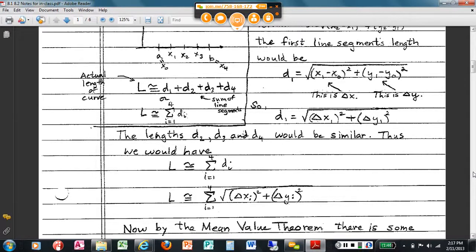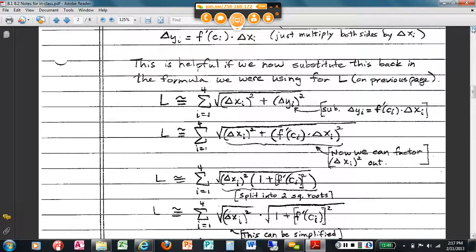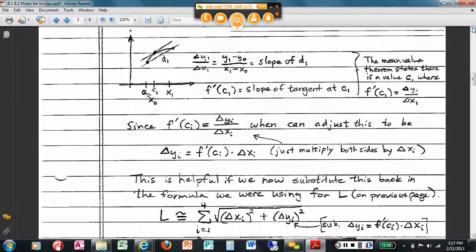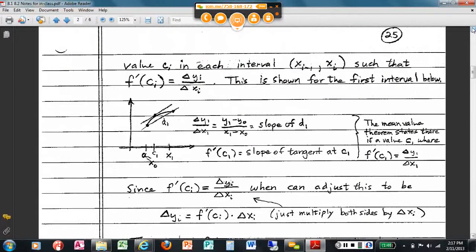Now, here's the next part. By the mean value theorem. Remember it? Maybe it's been a while. Remember what the mean value theorem says. If I take a curve, this is not our curve, but if I take a curve there and draw the line between those 2 points, there's some c value for which the derivative at c sub i is equal to the slope.